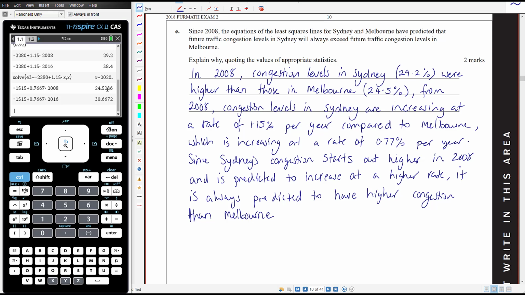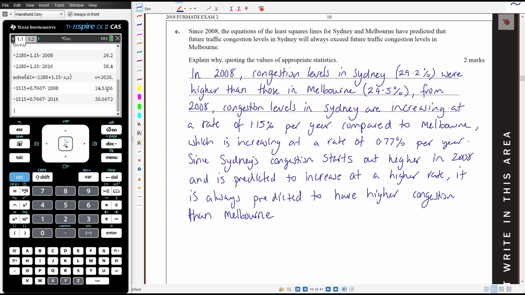You must always make comparative statements. You can't just state the values and expect the reader to interpret which one's greater. You have to make the clarification that Sydney starts with higher congestion levels in 2008 and its congestion levels are increasing at a greater level than Melbourne's, and use the data to support that.